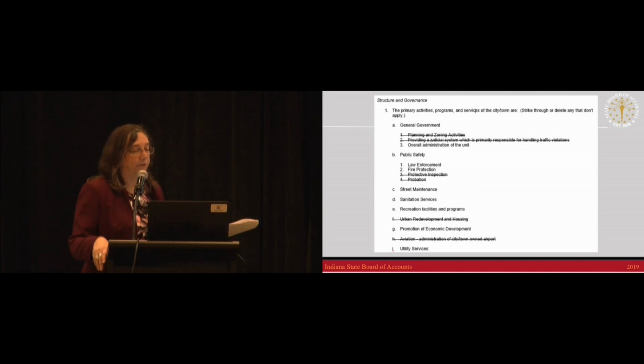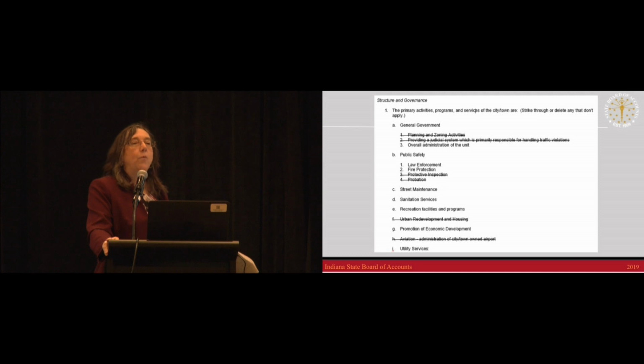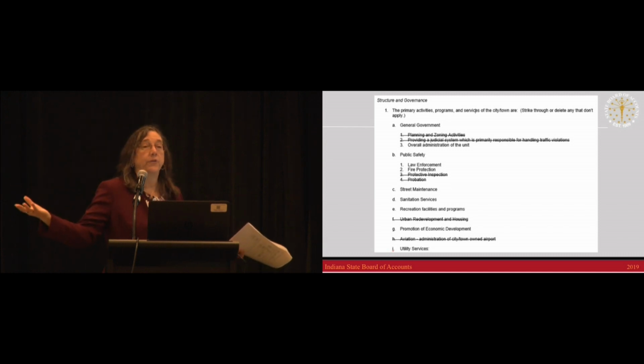We do ask for the members of your governing board, so this is something that can change. If there's been an election, commissioners might change, your council members might change, but we need to know who they are. We ask for the background just because it gives us an idea of how well they're doing in governing. If they're coming from a financial background or they're coming from totally unrelated.